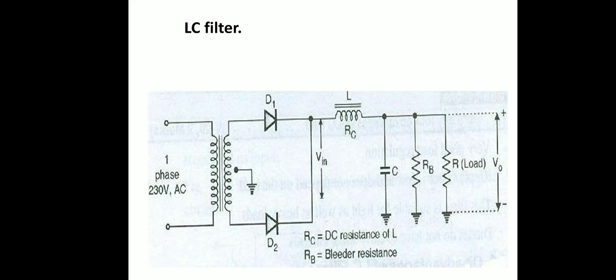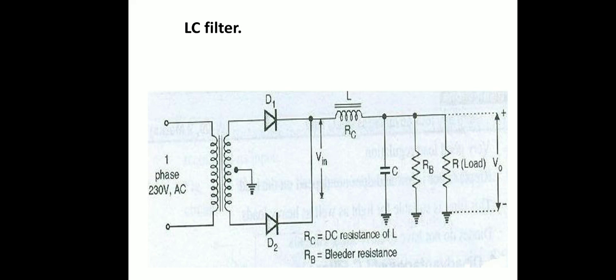These ripples will be the highest for a single phase half wave rectifier and will reduce further for a single phase full wave rectifier. The ripples will be maximum for 3-phase rectifier circuits. Such supply is not useful for driving complex electronic circuits.